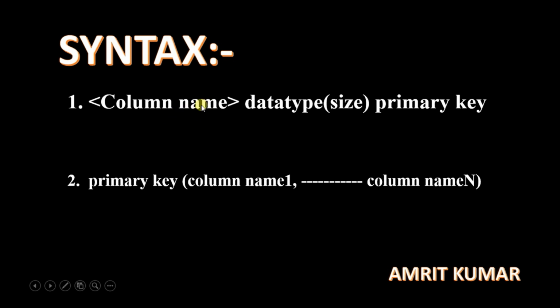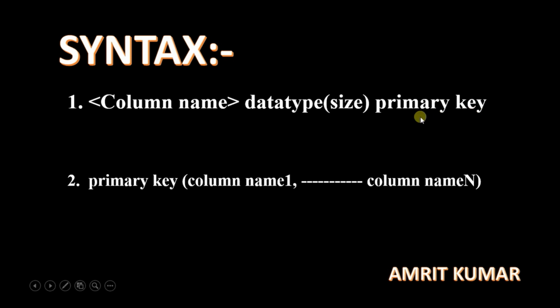This column may be employee ID, may be student ID. Here I am applying the primary key on a column named student ID. For example, suppose student ID has data type number and size 10, and I am using the primary key.